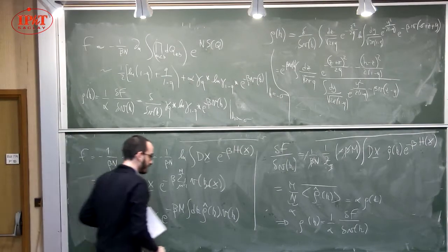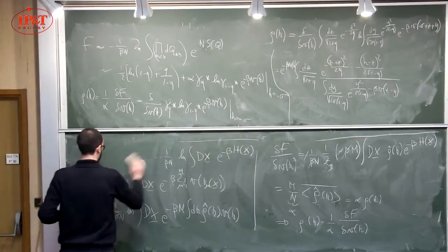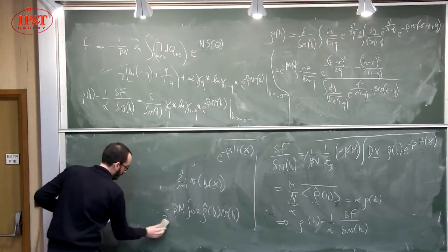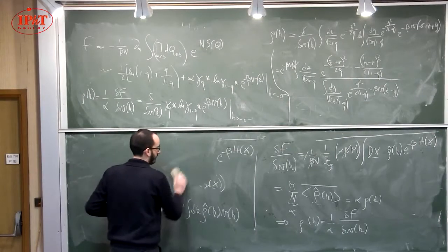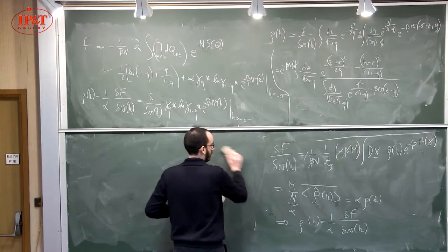So you can take the zero temperature limit and then you can ask what is the number of unsatisfied constraints in the Unsat phase.